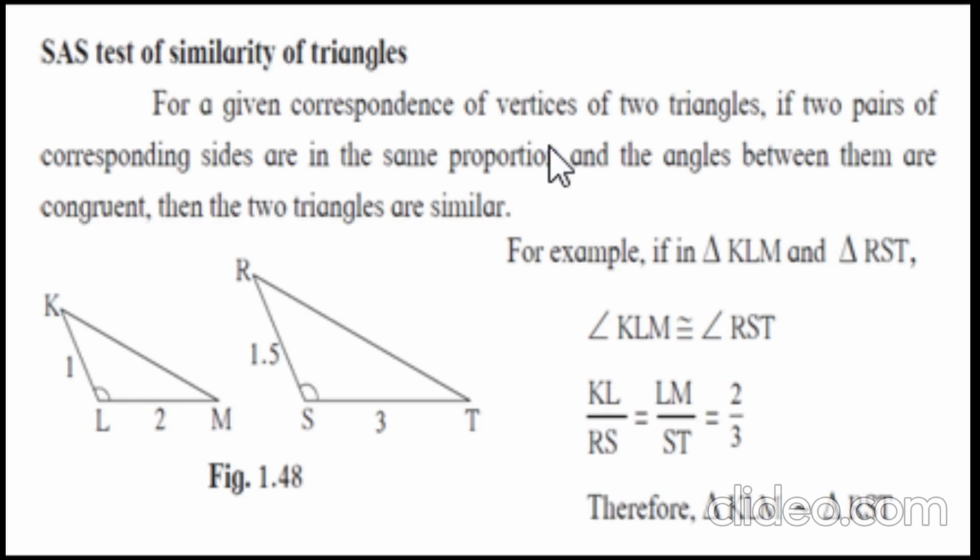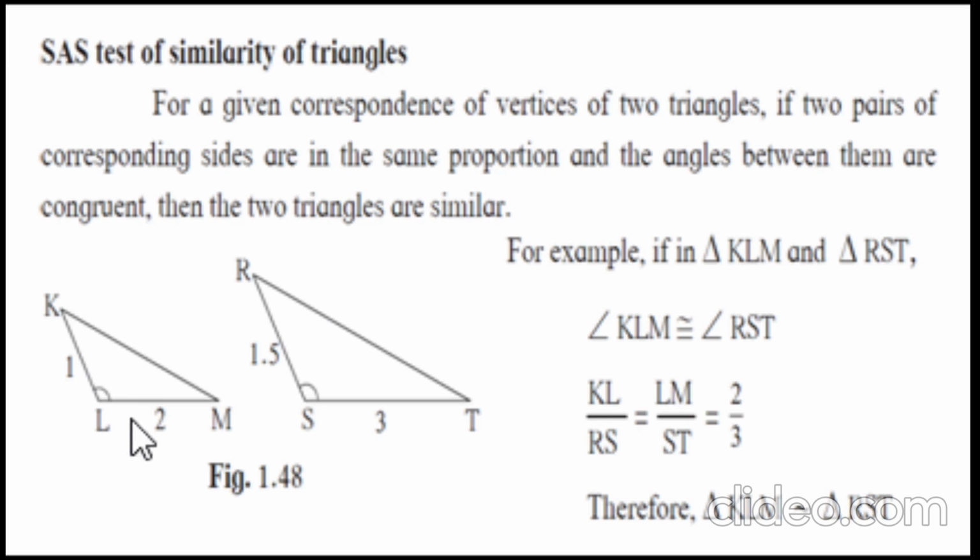For a given correspondence of vertices of two triangles, if two pairs of corresponding sides are in the same proportion and the angles between them are congruent, then the two triangles are similar. We are given two triangles KLM and RST. In triangle KLM and triangle RST, what is given?